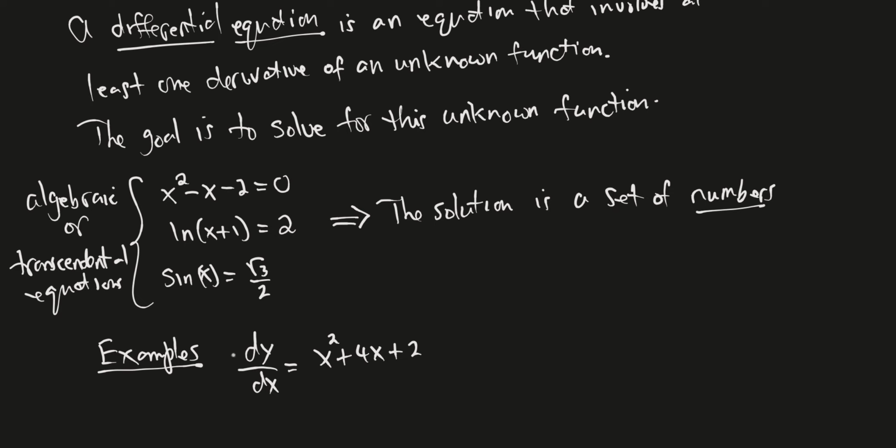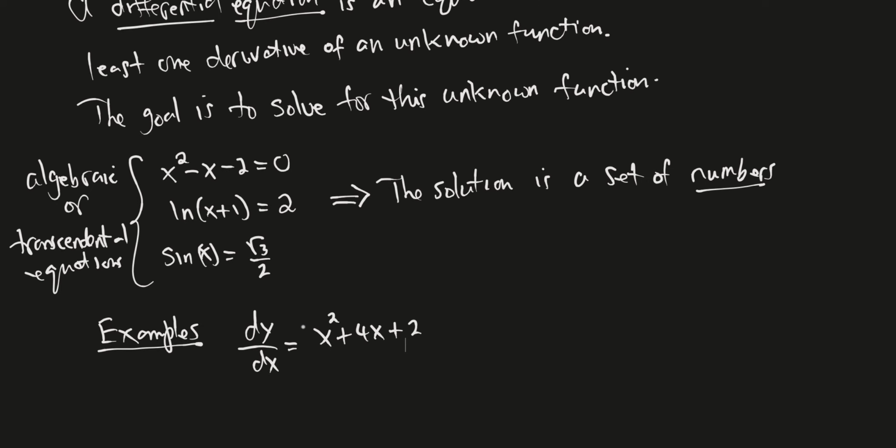There is some function y that when I differentiate it with respect to x, I'll get x squared plus 4x plus 2. Do you know how to solve this? Maybe in a little bit we'll brush up on some basic calculus and come up with a solution for this. But this is an example of a differential equation.